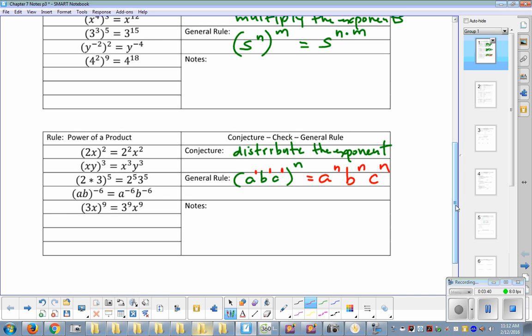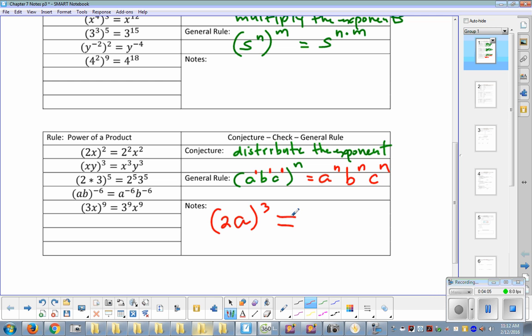Notes. Don't ever do this one. If we have, let's say, 2a, for example, raised to 3, do not ever do this one. Don't say that it's 2 times 3 and then a. This is wrong.